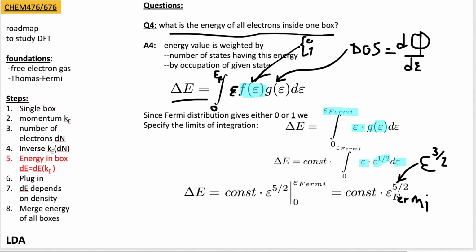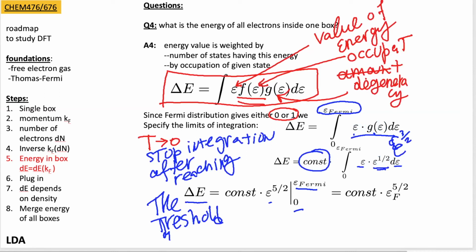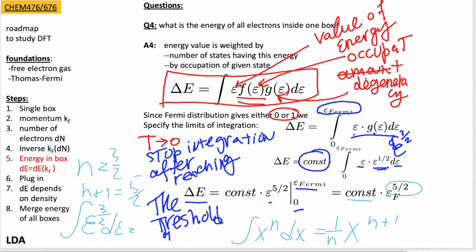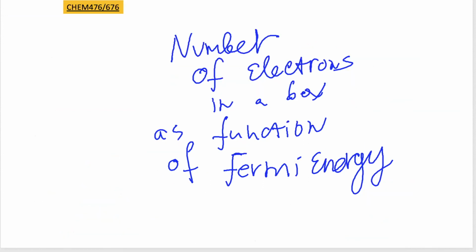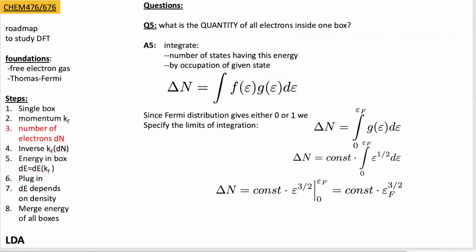We covered the main stuff. Now I want to repeat the same consideration for the number of electrons inside the box, and you will see why I need it shortly. So if I need just the number of electrons inside the box, I do not have energy here. I just multiply the density of states times the Fermi distribution over energy, and I do the same trick.